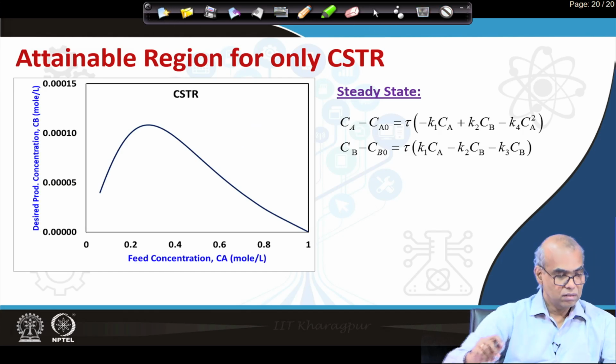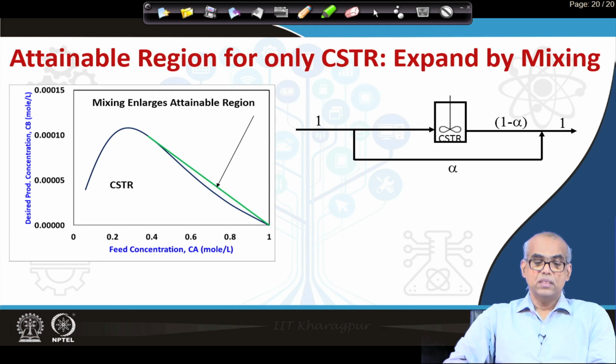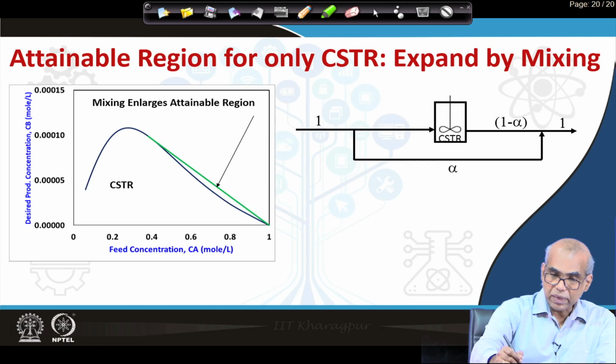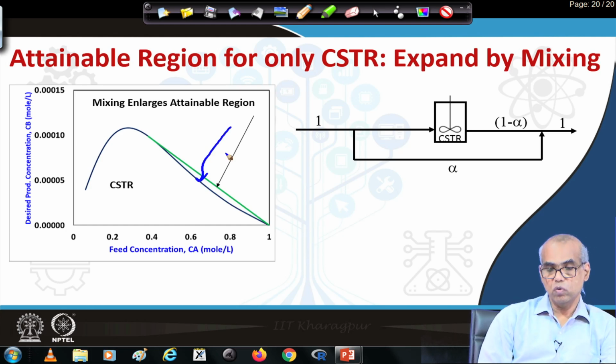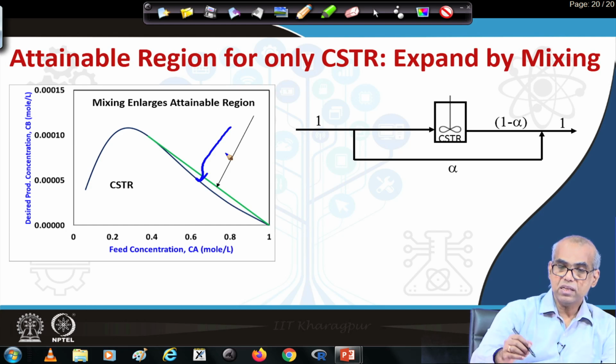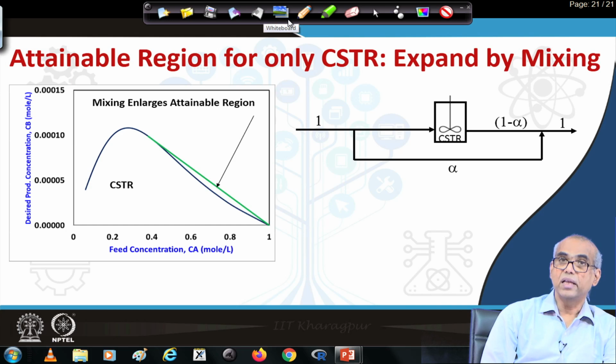So, again we have to check whether this region can be enlarged upon mixing or not. So, is there presence of non-convex region? Yes, it is. So, there are non-convex regions and mixing can enlarge the attainable region.